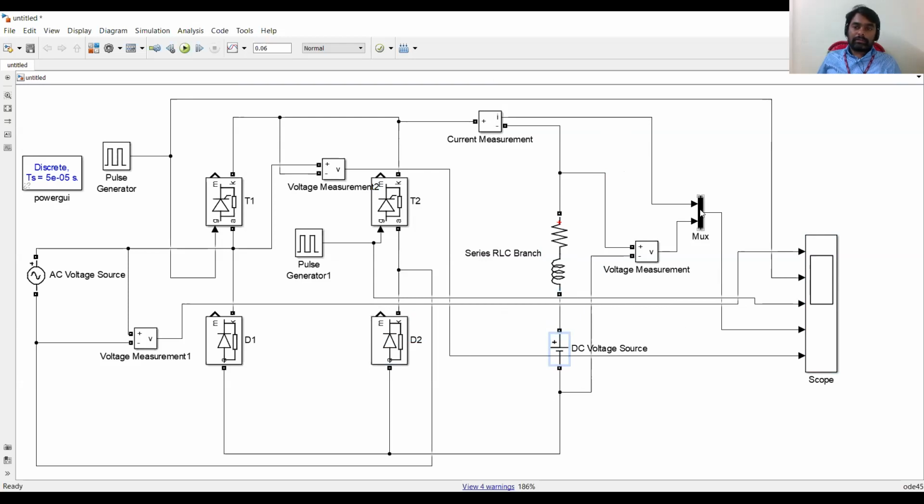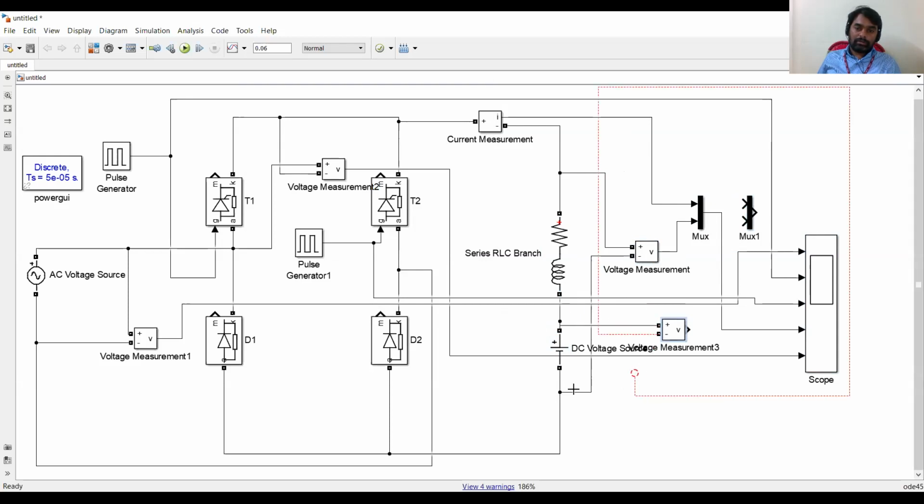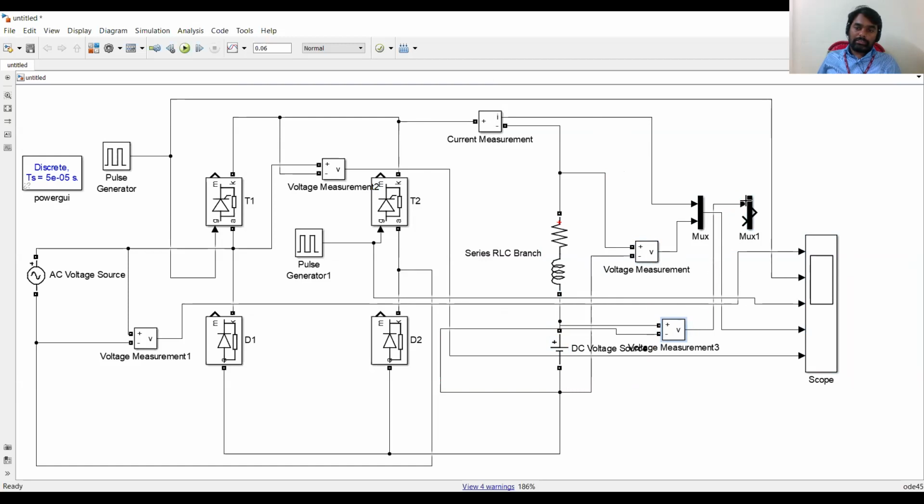Okay, let us connect one more mux here, and let us connect one more voltage measurement block. Then the input to this mux is one from the voltage measurement block. Now it is connected here like this.